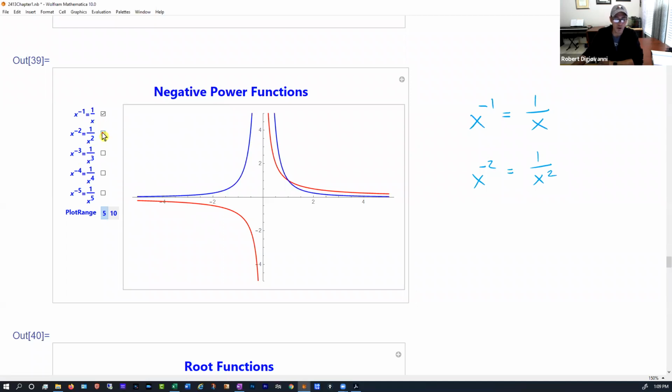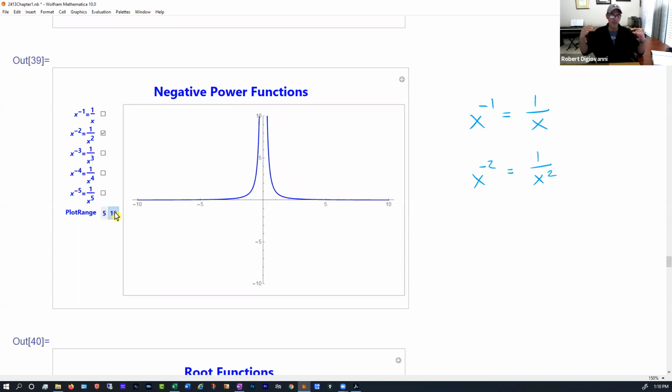Here's 1 over x squared. I refer to this as the volcano function because it's kind of like a volcano, but it goes up in the middle like forever, okay? And 1 over x cubed looks a lot like 1 over x, doesn't it? Okay. Here's 1 over x squared, the volcano.